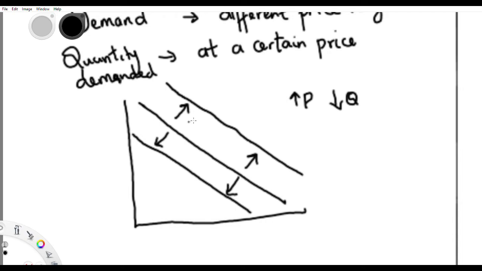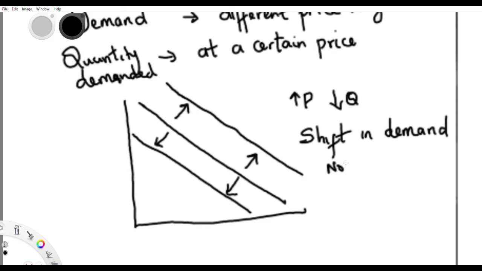It is also important to note that a shift in demand is as a result of a change in every other thing other than price.